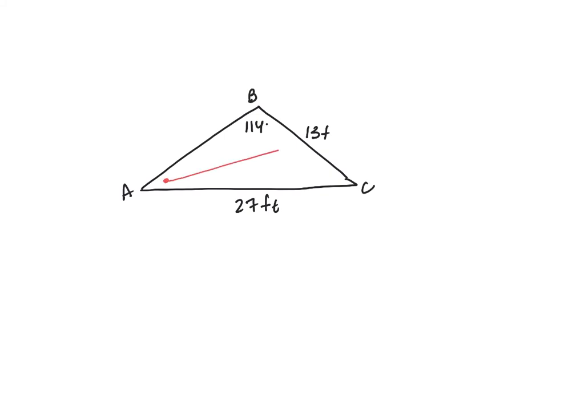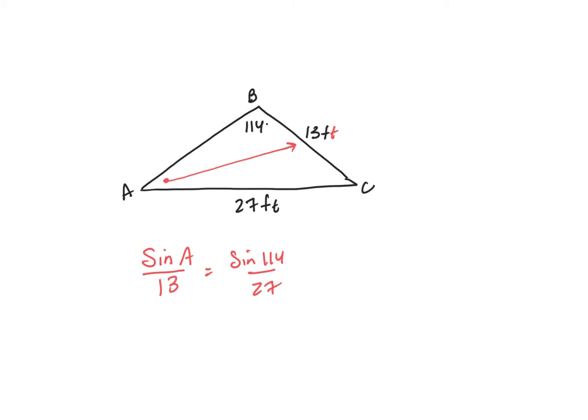So here, these are my two opposites, and I don't know what angle A is, so I'm just going to call it sine of A over 13. Sorry, I can't read my own handwriting. That wasn't the eraser. Let's try this one more time. Okay, so sine A over 13 equals sine of 114 over 27. There we go. That's why it looked like 134 or 131, because I didn't put the T on it.